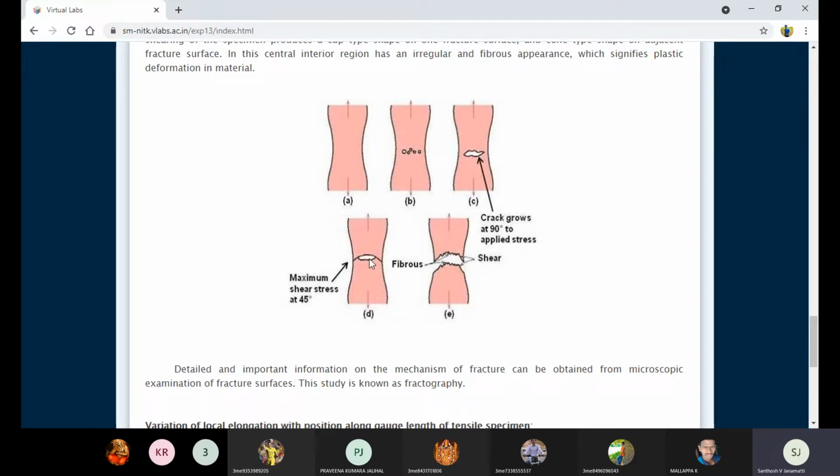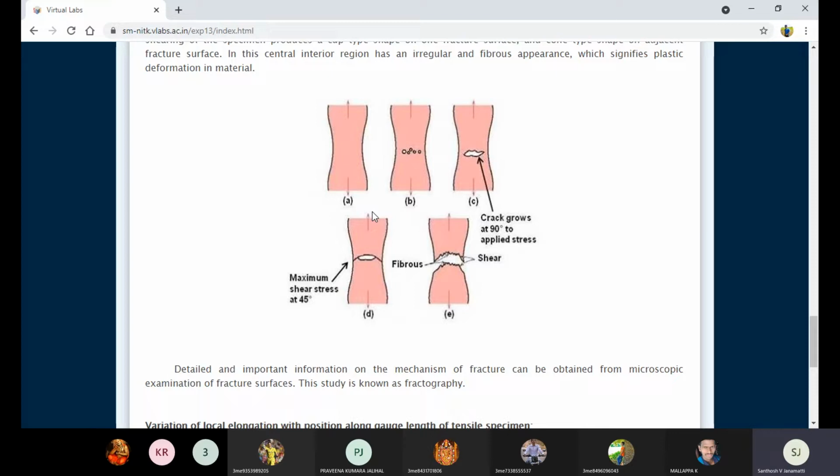Hence we can see in image D that the crack reaches the boundary of the material. As a result, at the end, as you can see in figure E, we get complete separation of the part. This looks like a cup and cone type. This is the fracture point, and it looks like a cup and cone type fracture.